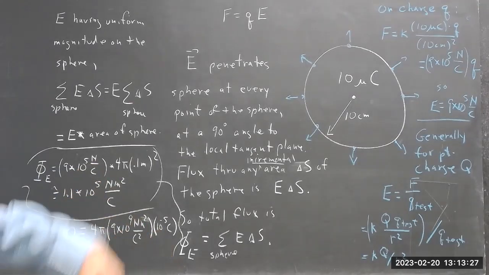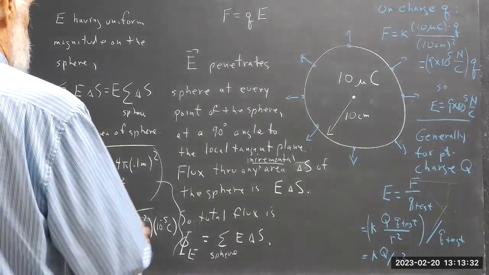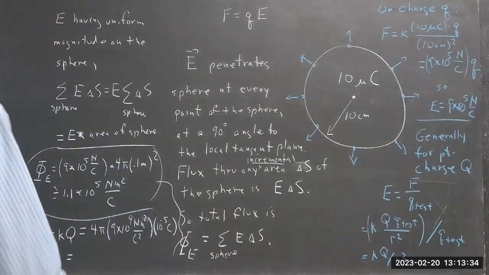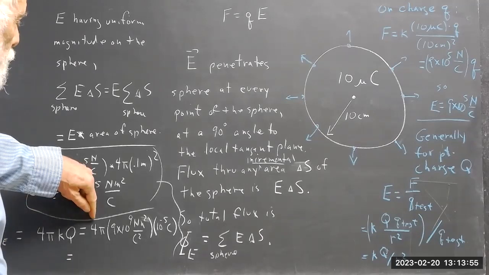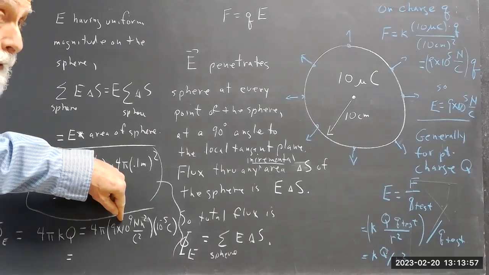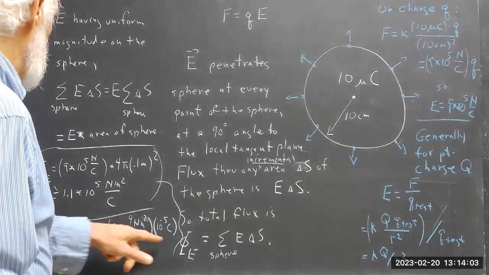Multiplying by that, I might have done something wrong. 4 pi is about 12, and 12 times 9 is about 100, so we're getting 10 to the 11th, and then times 10 to the negative 5th.